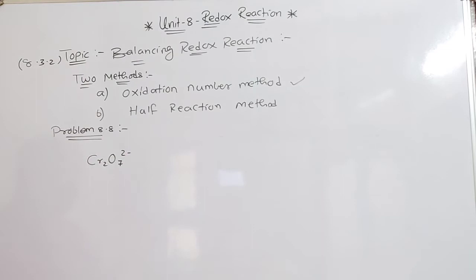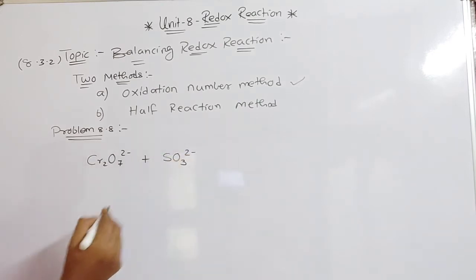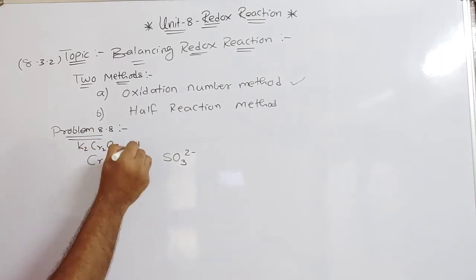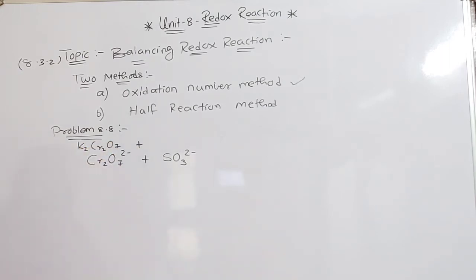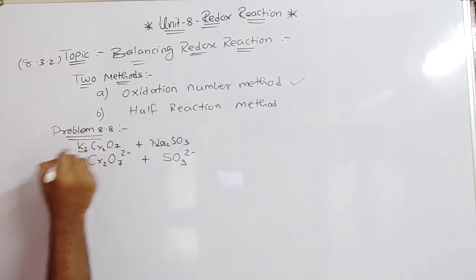In problem 8.8 the ionic equation is Cr2O7 2- plus SO3 2-. In your book it is not given, but it is K2Cr2O7 plus Na2SO3.